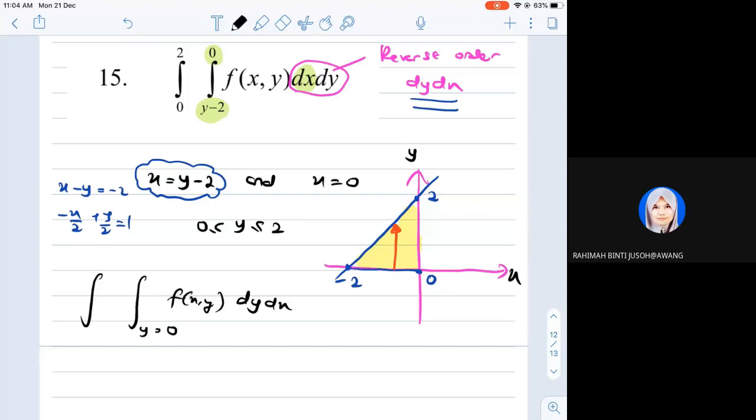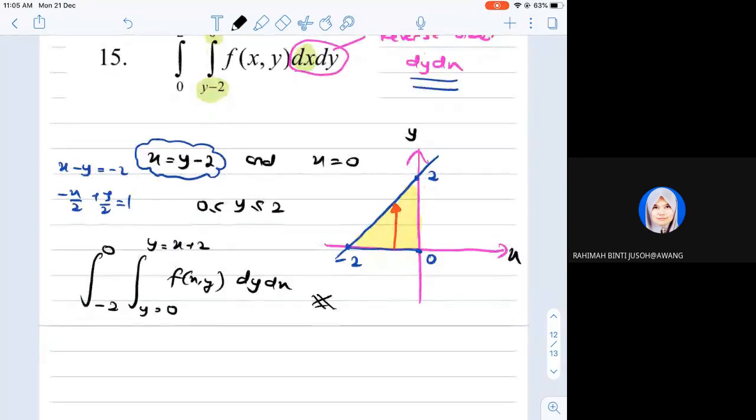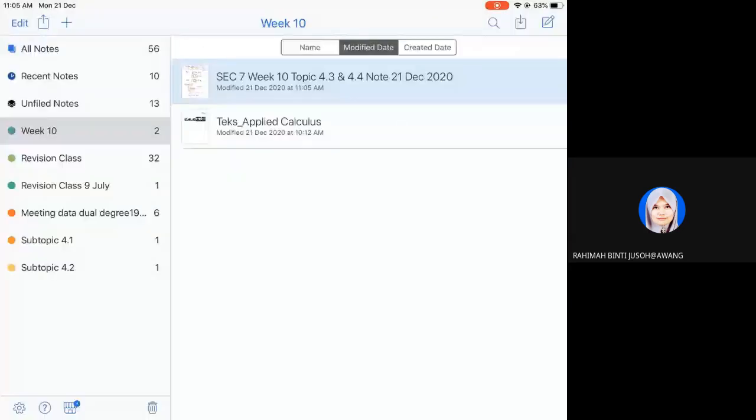Yes, y equals to 0. How about the upper line? x plus 2. Yes, y equals to x plus 2. Well done. How about limit of x from? Negative 2 to 0. Yes, negative 2 to 0. That's it. That's the answer. Okay. So next question.